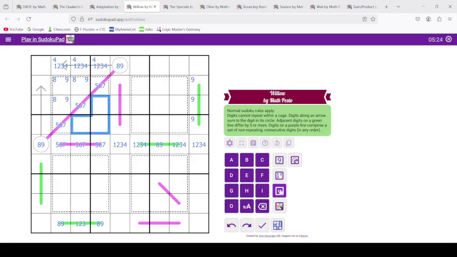This is a 1, 2, 3, and 4. This is either 8, 6, 7 or 7, 6, 5, but definitely has a 6 and 7 on it.